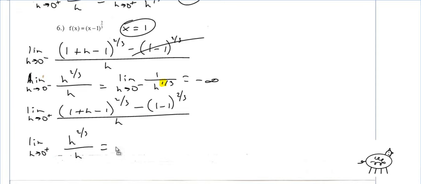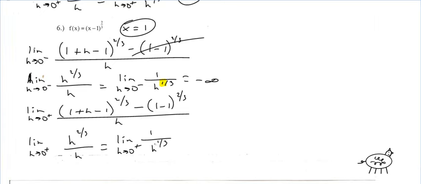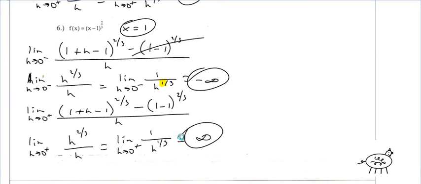And I can rewrite that as the limit as h approaches 0 of 1 over h to the 1/3 power. And of course, this is going to the positive side. Positive is easy. It's always positive. So that's equal to positive infinity. So here we go. We have negative infinity. We have positive infinity. So what is this? Okay, we're going to say this is a cusp.